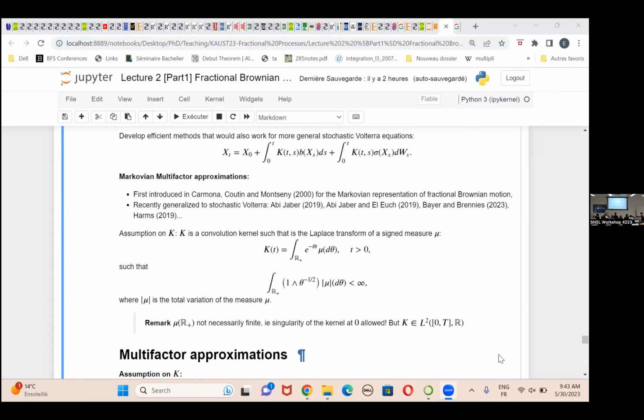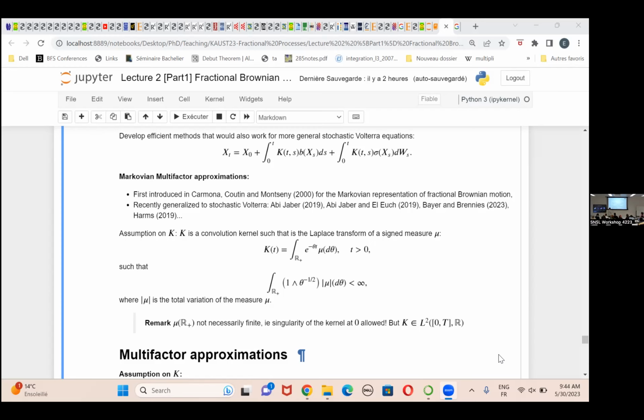You expect that solutions of these equations would share the properties we already discussed: non-semimartingality, continuity, and non-Markovianity in general.